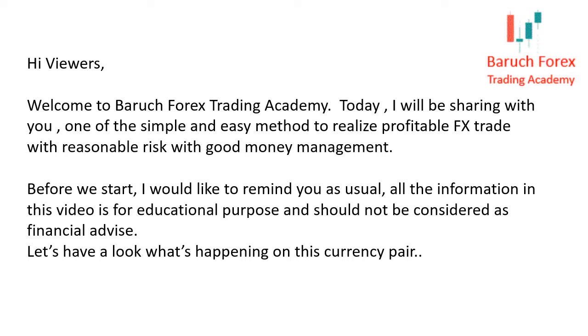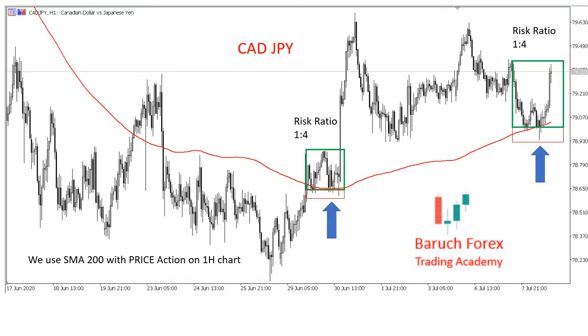Okay? Let's have a look at what's happening on this currency pair. I'm looking at CAD-JPY, Canadian dollar Japanese yen. You can see this is a 1 hour chart, and in this method we deploy SMA200, the simple moving average 200, with price action.